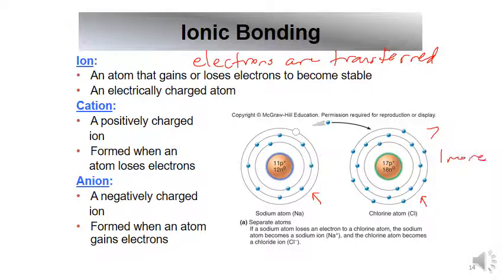So 1 more needed. Sodium has that extra 1. Now, if we just get rid of that extra 1, give it to the atom that needs it, then the sodium's outermost shell, just imagine that gone. So if we imagine this gone, now you have this outermost shell that's left over. Now this has 8 electrons. And so now sodium is satisfied, but also chlorine is satisfied.